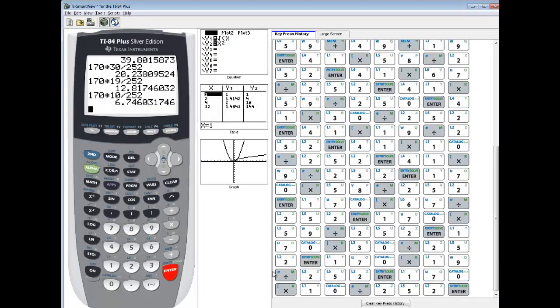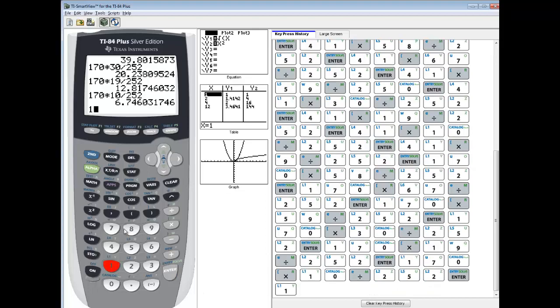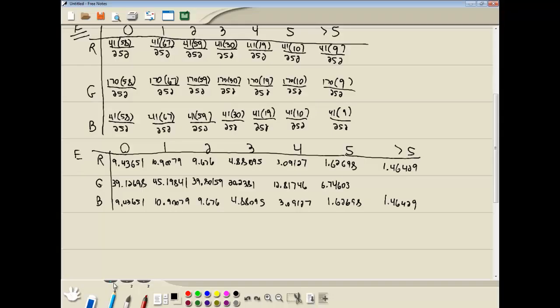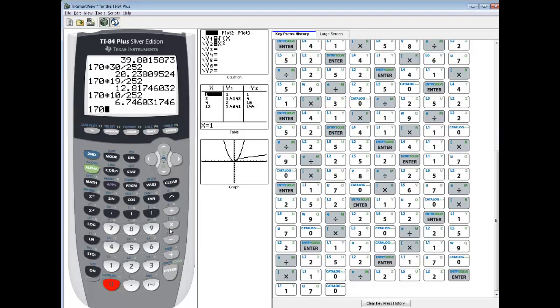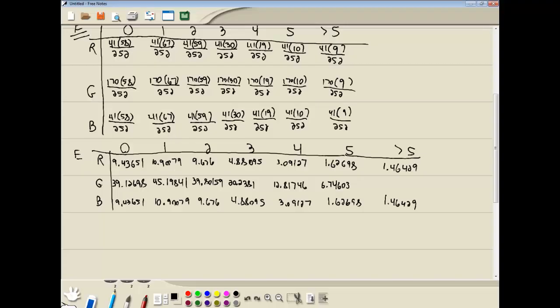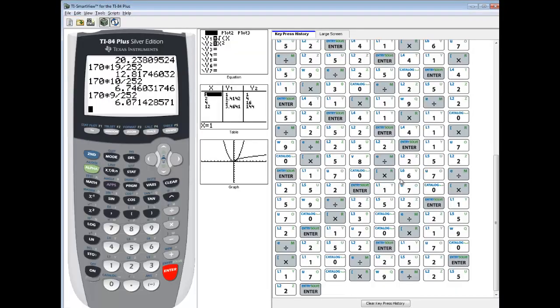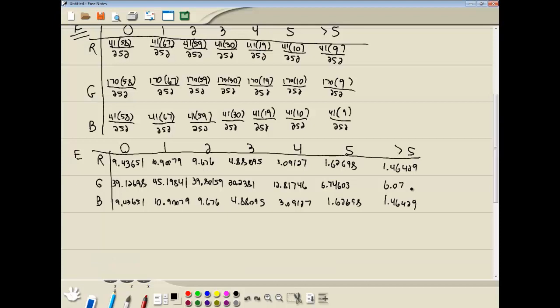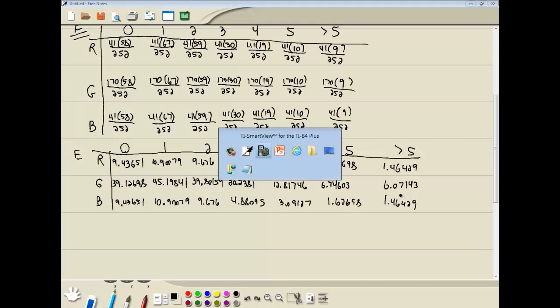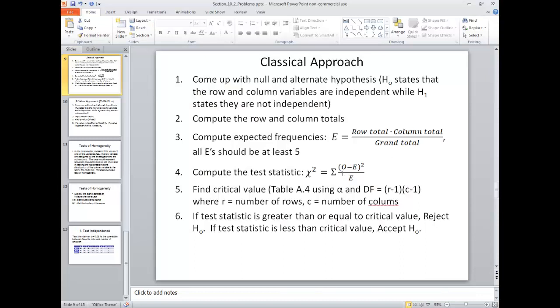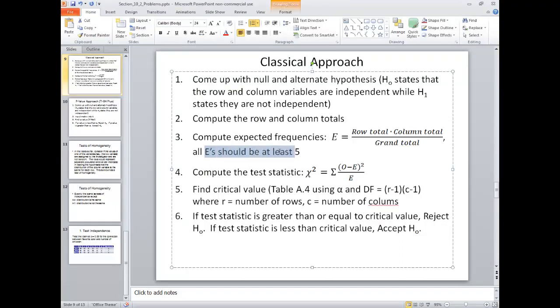And then last one, 170 times 9 divided by 252. Then we got 6.07143. And again, if this was a real life problem, we'd have to look and make sure all E's should be at least 5.